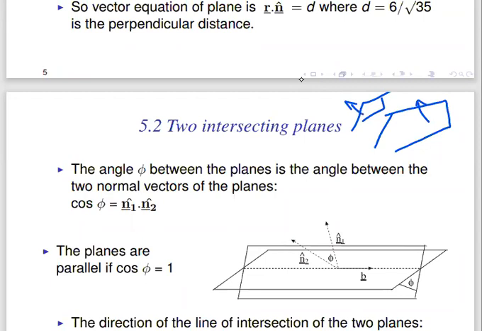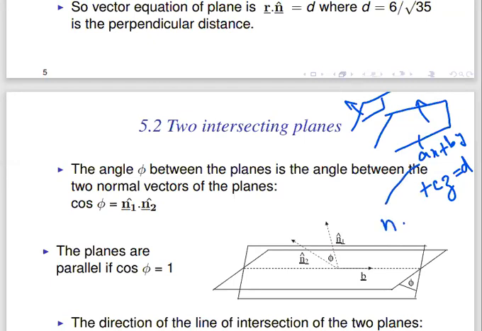Let's say this is the equation of a plane: ax + by + cz = d is the Cartesian equation of this plane. As I said before, I will prove this a little later.